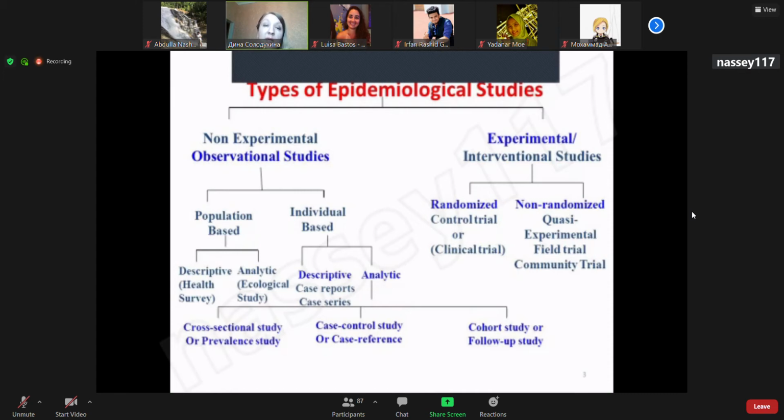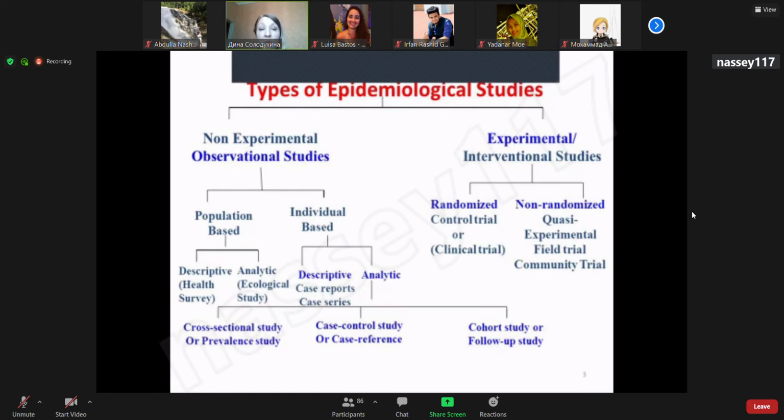When we classify epidemiological studies, there are two categories which we distinguish, and we can call them experimental and non-experimental, or we can call them observational and interventional studies, or you can use any other terminology that is accepted in this subject.